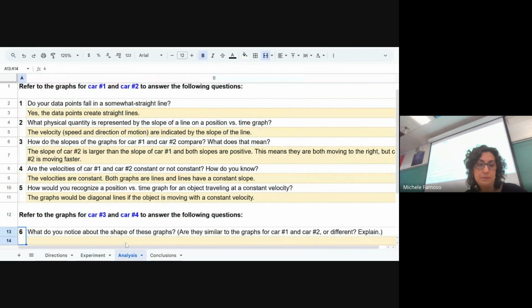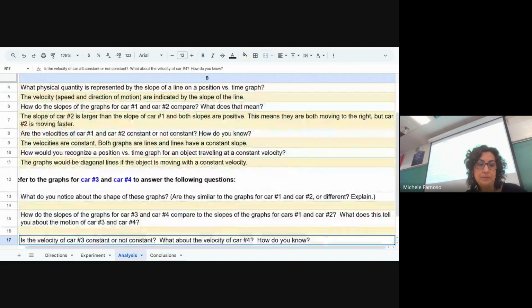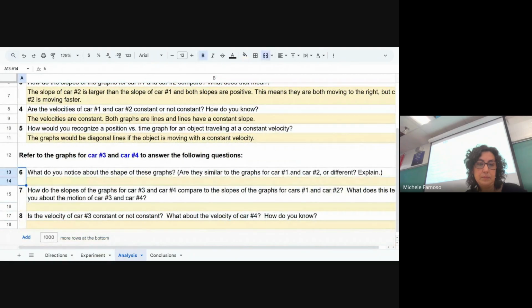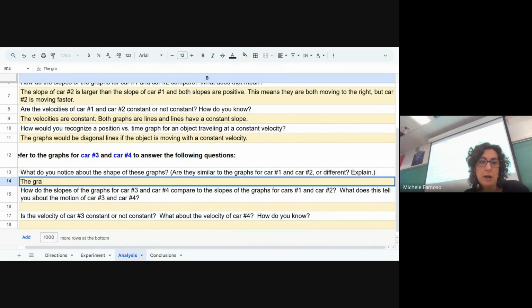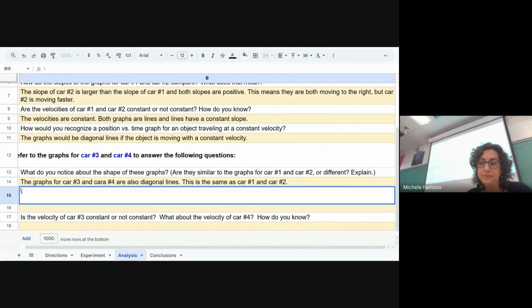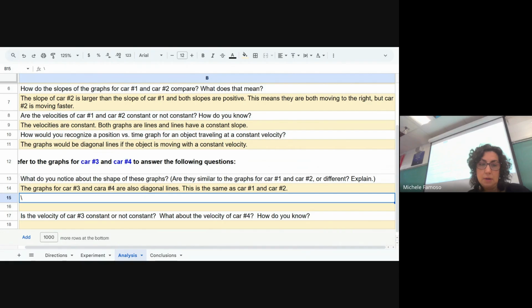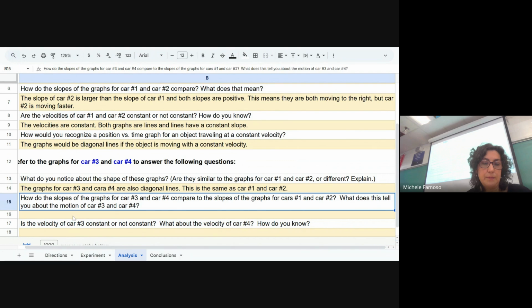So the graphs for car number 3 and car number 4 are also diagonal lines. This is the same as car number 1 and car number 2. Undo what I just did. There we go.